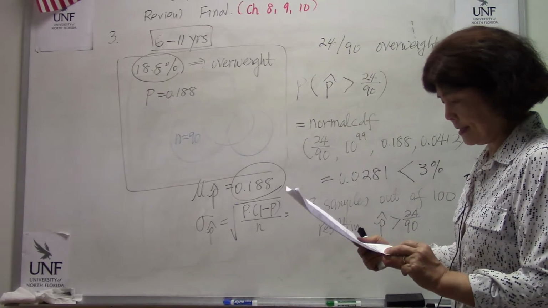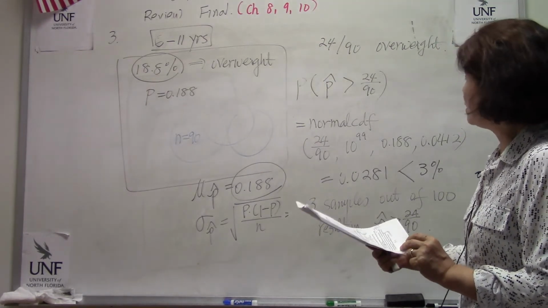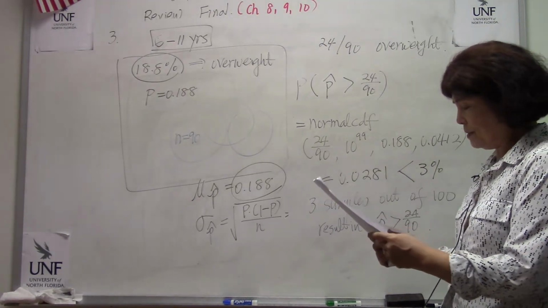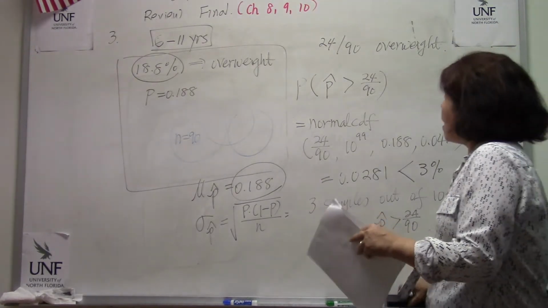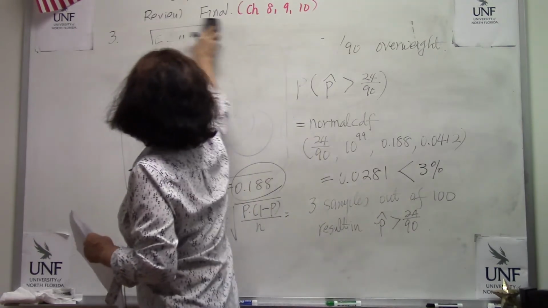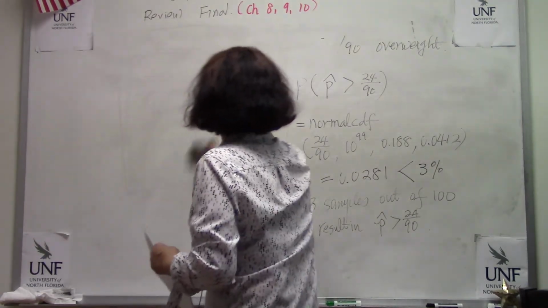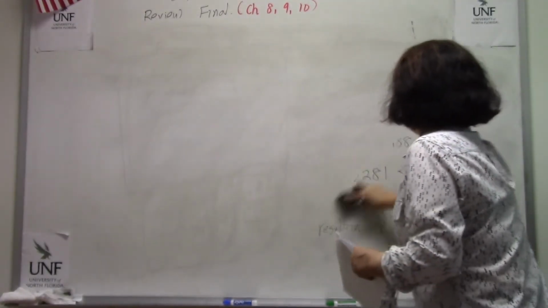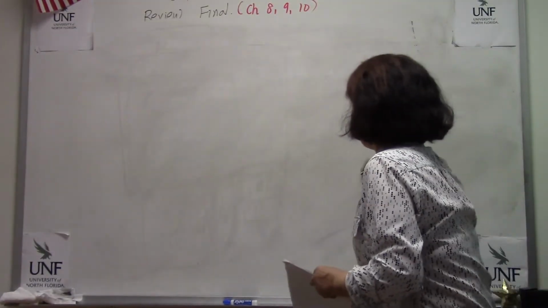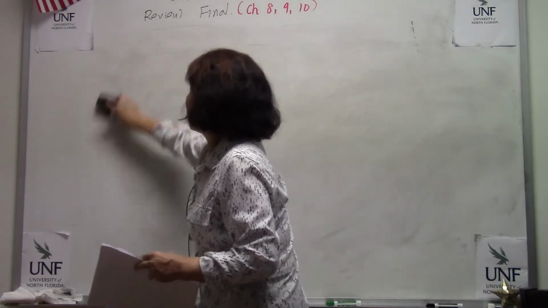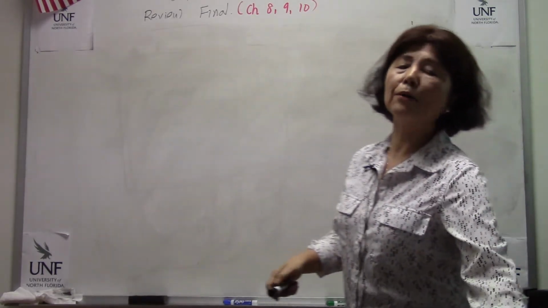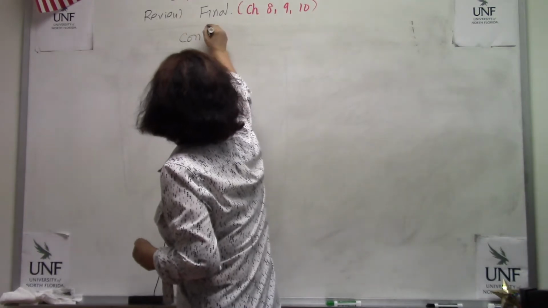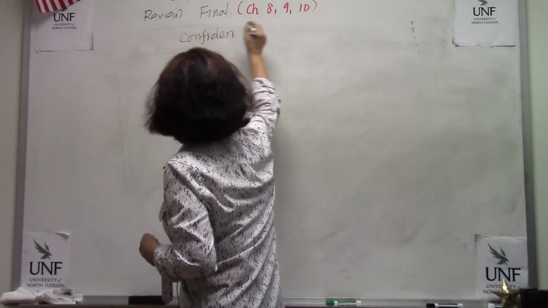All right. So now we finished all these sampling problems. Now we switch to confidence intervals. When you do a confidence interval, it doesn't matter whether it's about the proportion or the mean; we are going to have one structure.